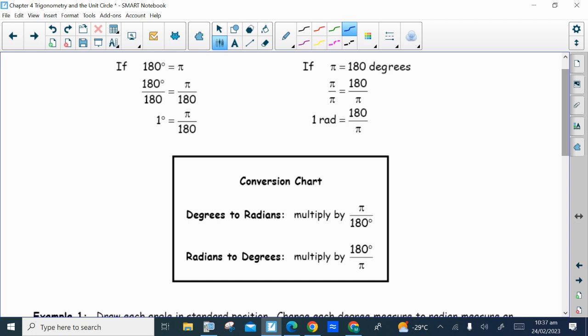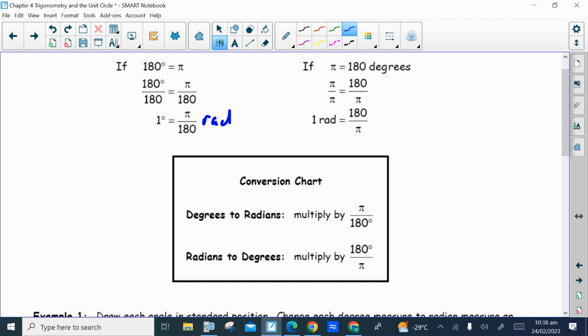Well, again, we know that 180 degrees is equal to pi radians. If you take that equation and divide both sides by 180 degrees, you're going to get 1 degree, because on the left, 180 divided by itself is 1. 1 degree is equal to pi over 180 radians.